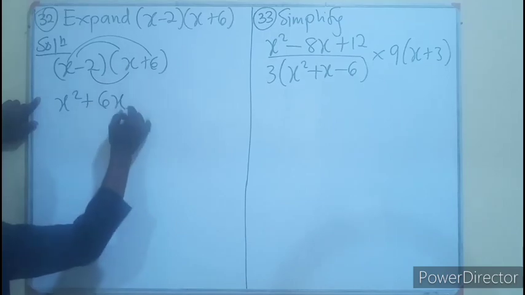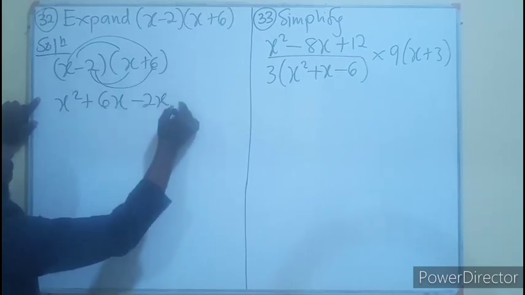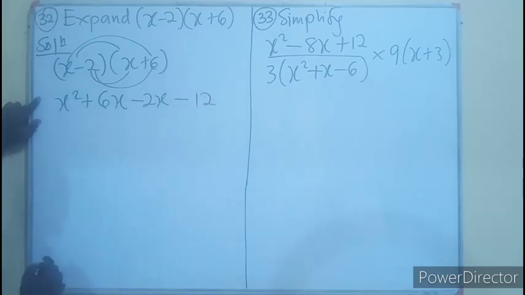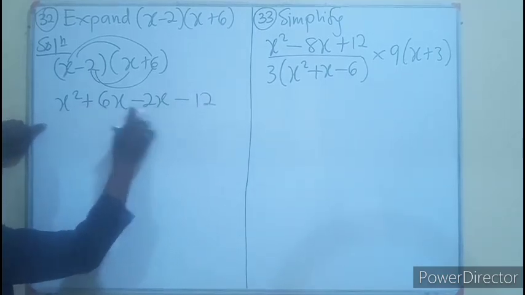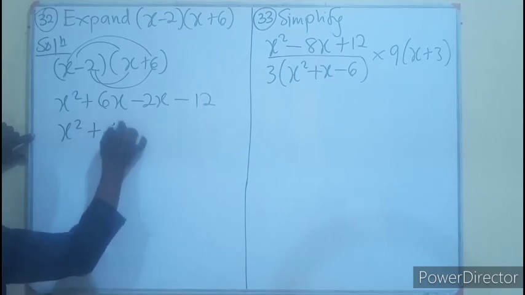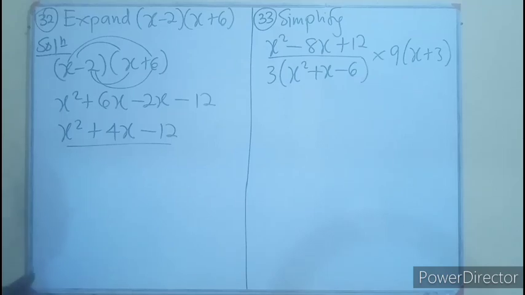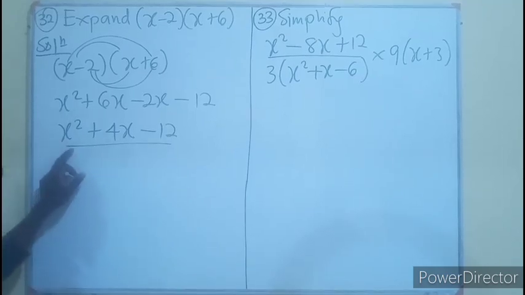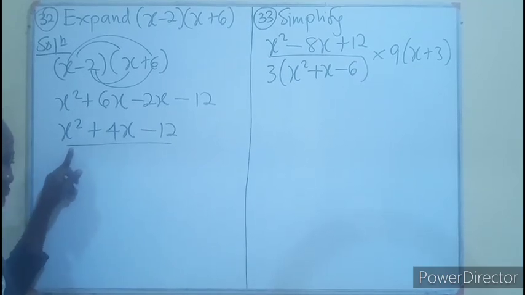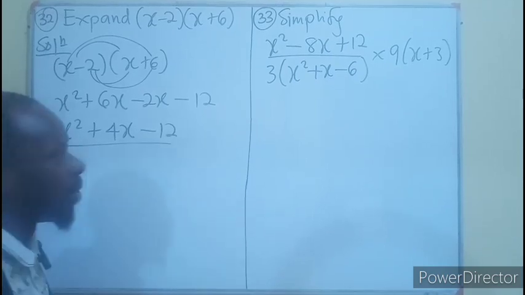Minus 2 times x is minus 2x, and minus 2 times 6 is minus 12. So we can compute the middle term to have x squared plus 4x minus 12 being the final answer if you expand this. And that will have been the option A, the option A on the question paper.